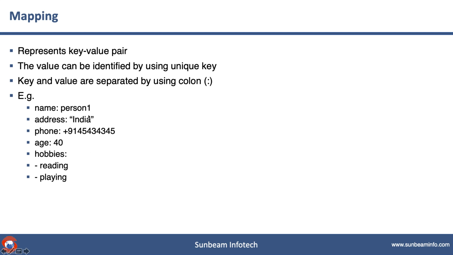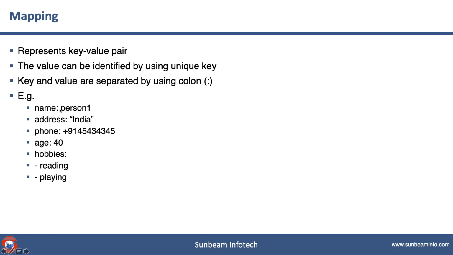A value can be identified by using a unique key. The key has to be unique here. Key and value are separated by a colon. Please see to it that a white space is required after the colon to separate the value from the key. This is mandatory. If you skip that white space, YAML is going to give you an error.